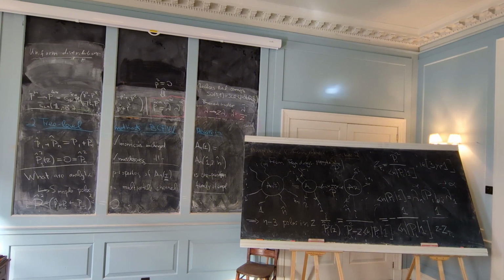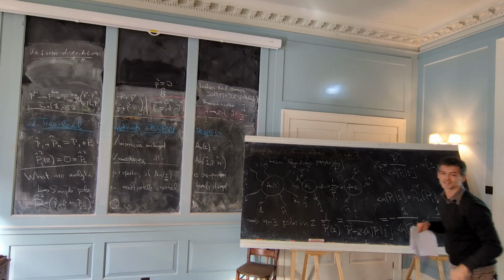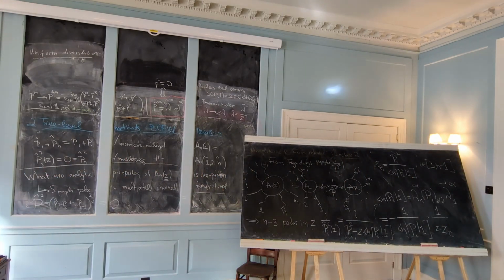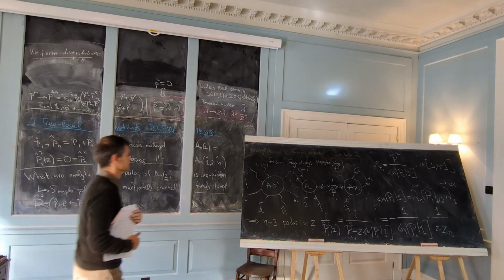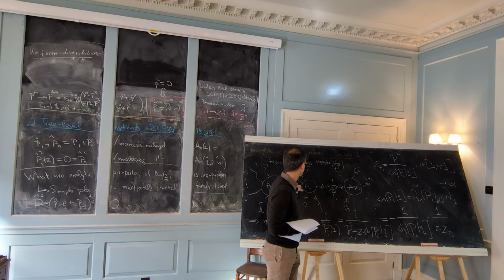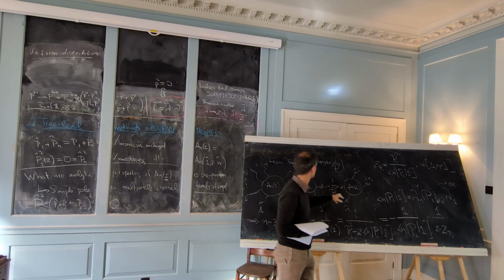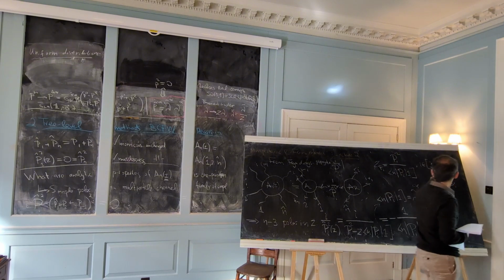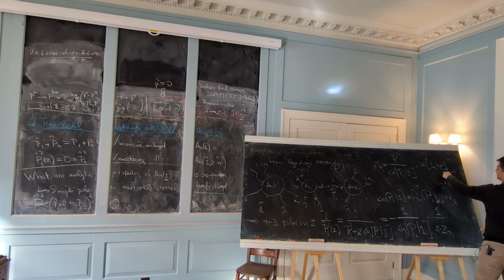For the sake of those who want to attend this online, I should try to make it visible. Very good in the video. The point here is that i can take values from 3 to n minus 1, because either on the left or on the right-hand side, I need to have at least 2 legs. This gives you a total of n minus 3 poles.